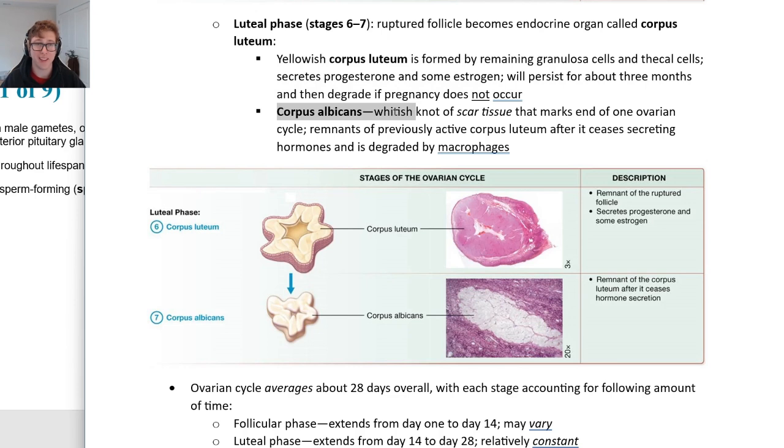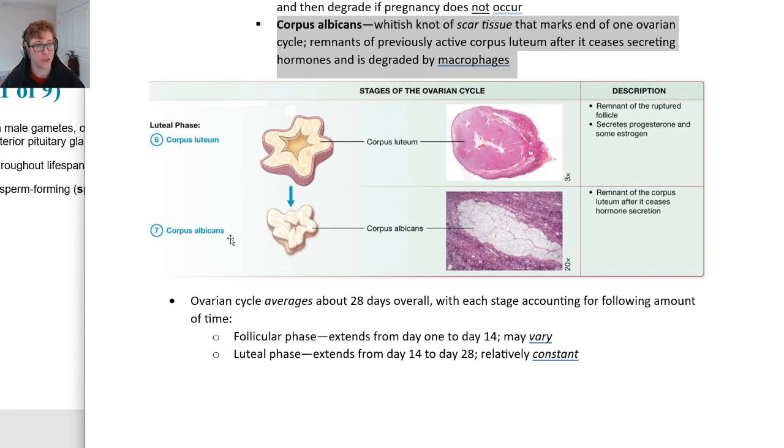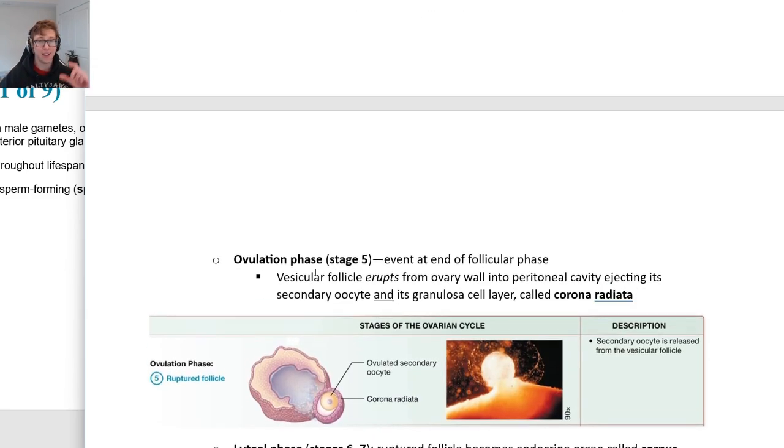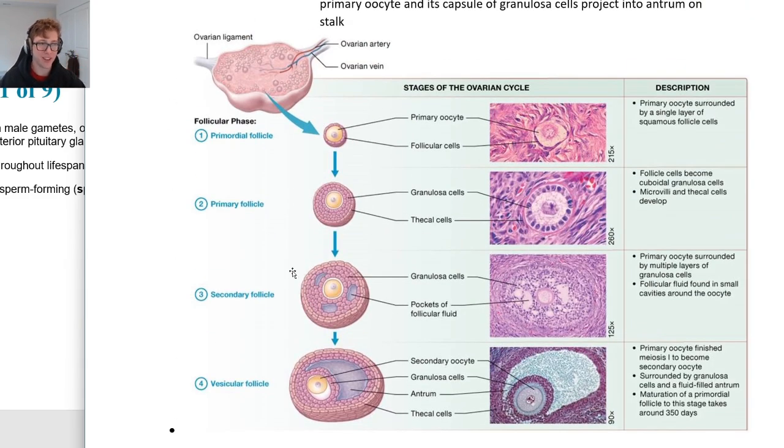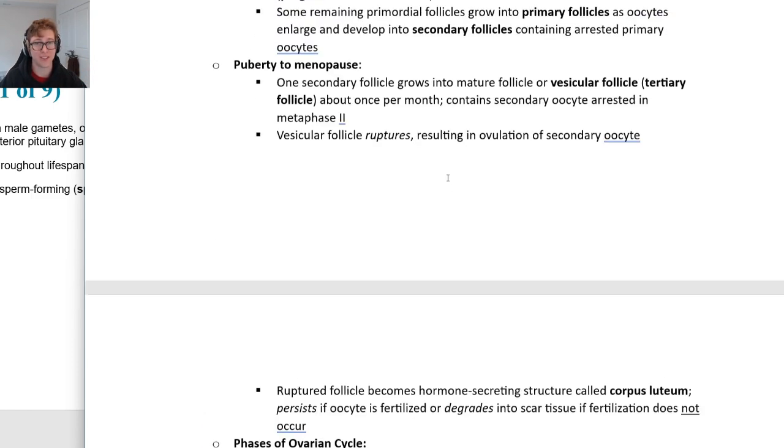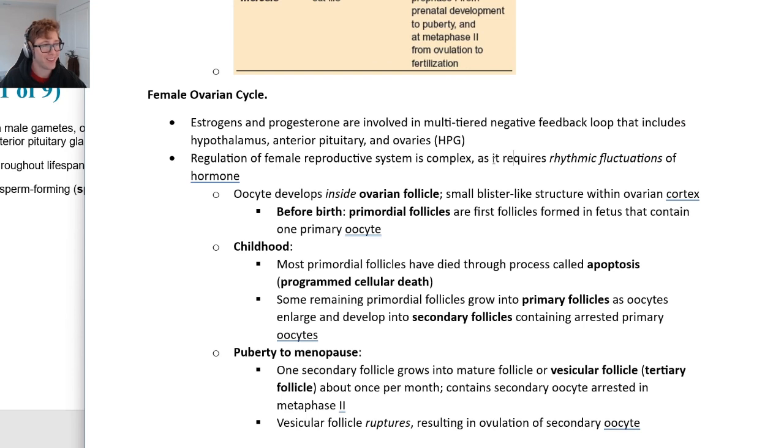The corpus albicans is the whitish knot of scar tissue that marks the end of one ovarian cycle. It is the remnant of the previously active corpus luteum after it ceases secreting hormones, and it is digested by macrophages. You can see it here as well as on the histology. These are all of the steps for the stages of the ovarian cycle, and the whole purpose of this is to make ova, make gametes.